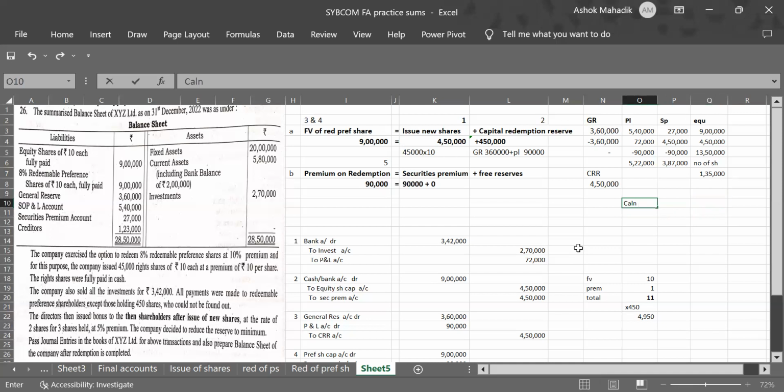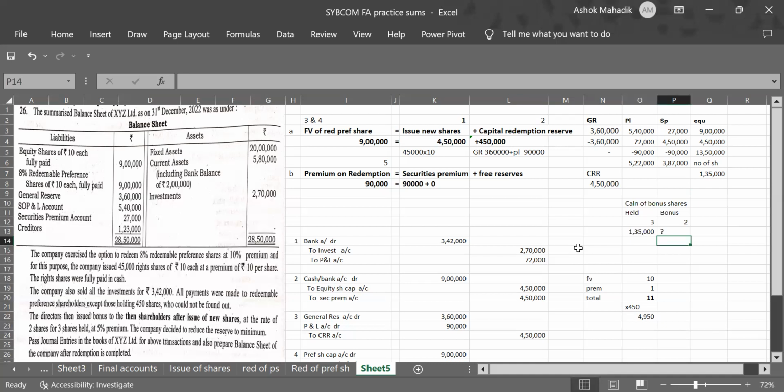Calculation of bonus shares. I'll write: held means how many shares are already held, and bonus. The ratio says you will get 2 shares for 3 held. So 3 are held, you will get 2 as bonus. Clear? So what is the total number of shares held? 1,35,000, the number of shares held by the public. Now let us cross multiply and find the number of shares issued as bonus.